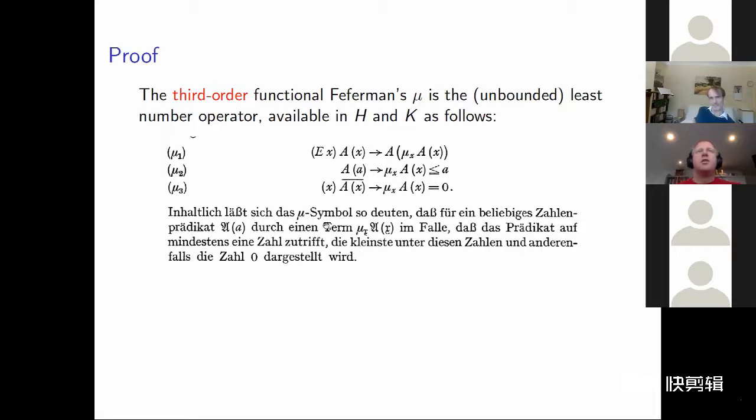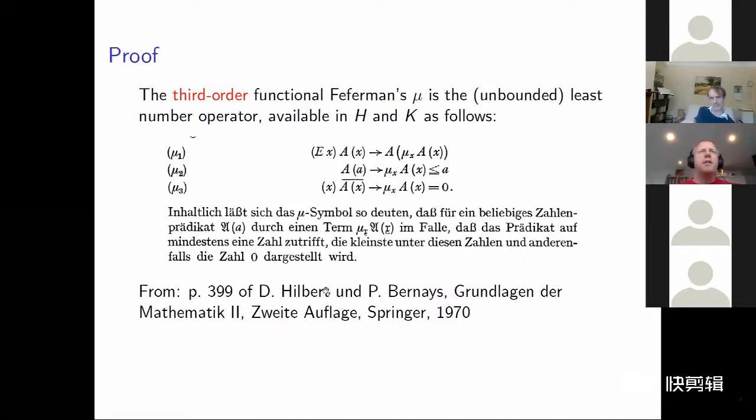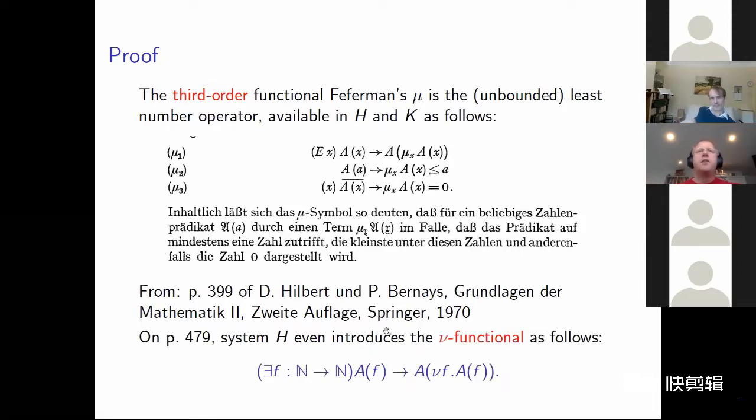So this is German, and that's where you can find it, I guess, on page 399. So they use these third order parameters. And system H even introduces what I've called the nu functional. I've written it down here in modern form because the formalism is a little heavy.